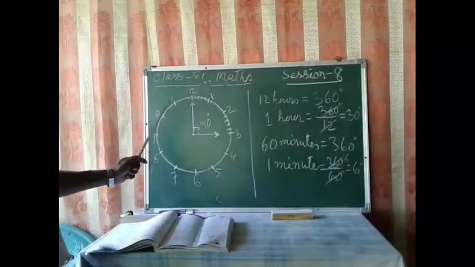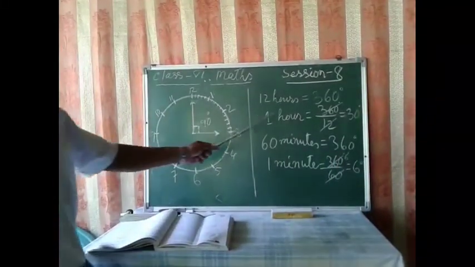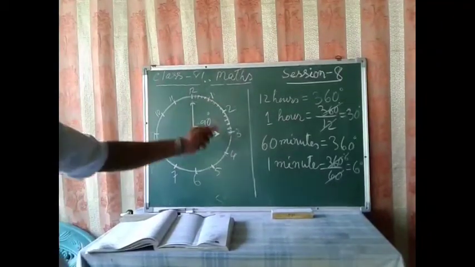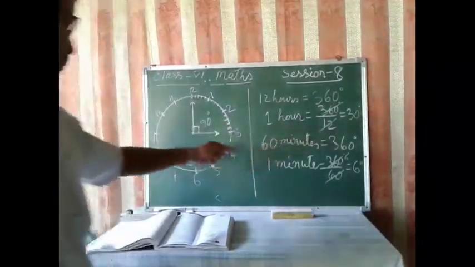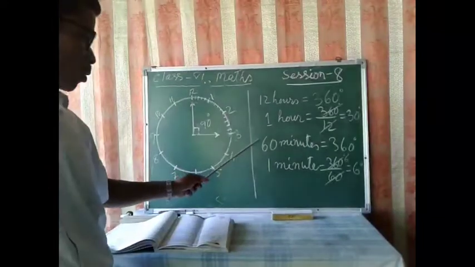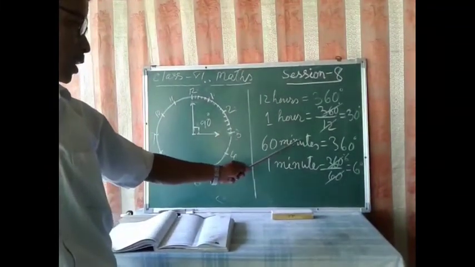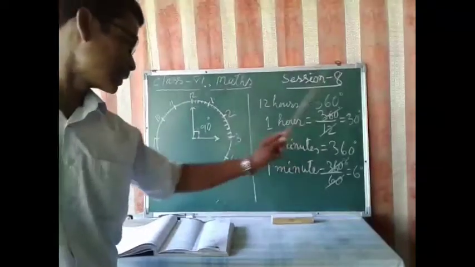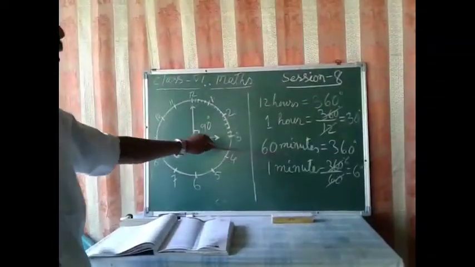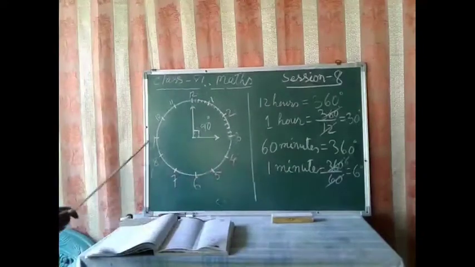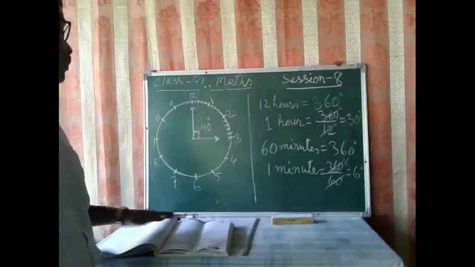So when the hour hand overcomes 1 hour, it overcomes 30 degrees. When the minute hand overcomes 60 minutes, that equals 360 degrees, and 1 minute overcomes 6 degrees.